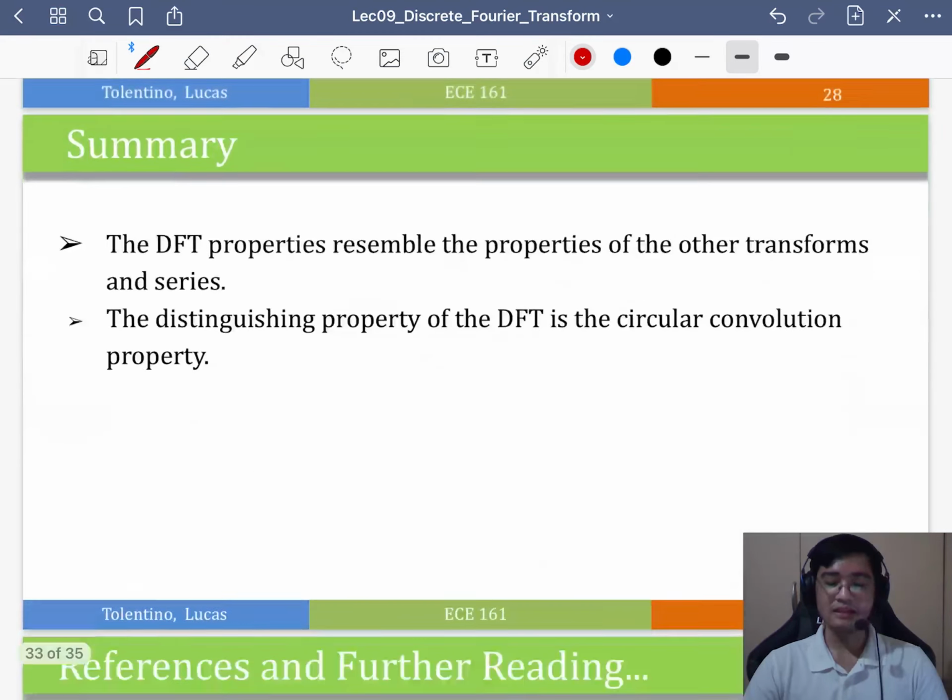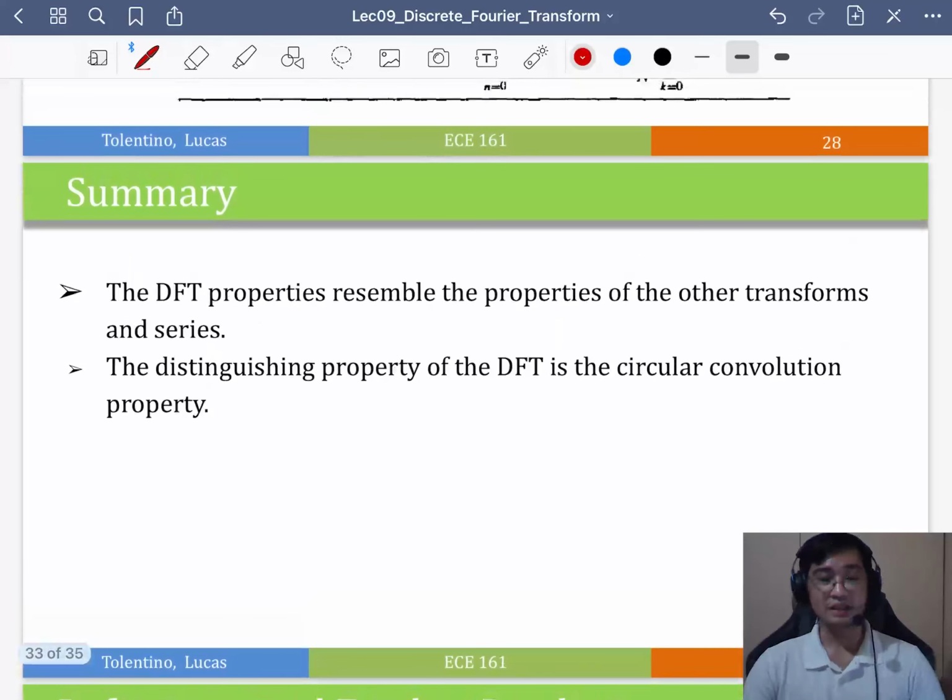The only distinguishing property is circular convolution, which is fairly new to us. I've discussed the process, and I hope you understand the procedure. Also, I want you to answer the question: what if we have different lengths? You can Google the answer, that's all right, and share it with your classmates.